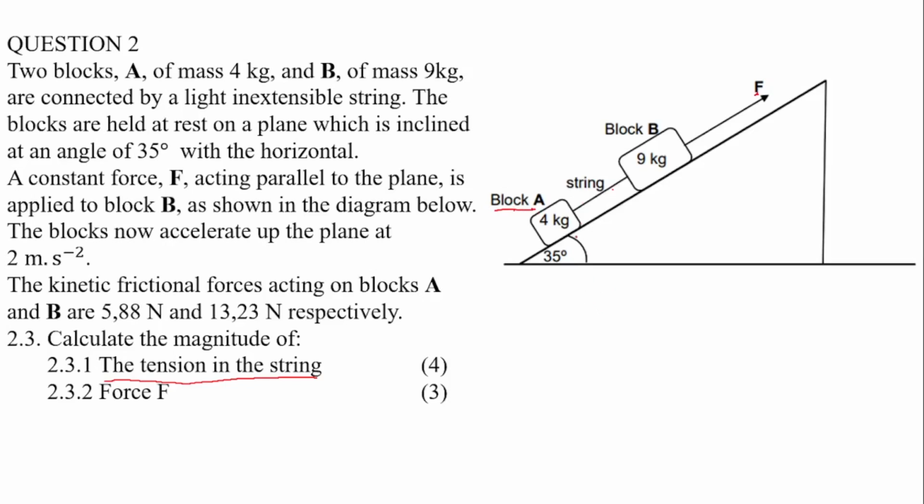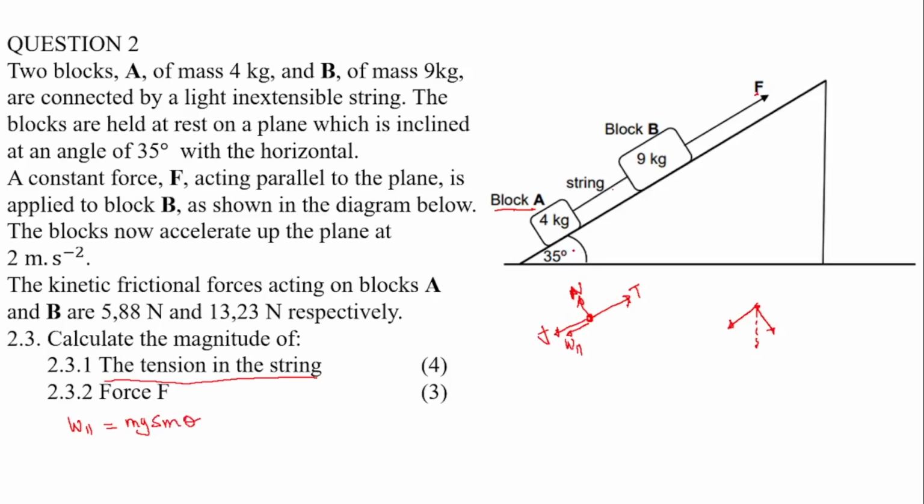We say that we have the tension, and then we have the normal force, and the frictional force. And then what else do we have? We have the weight, and the weight has 2 components. The one which is parallel to the inclined plane, and the other one which is perpendicular to the inclined plane. For the weight component parallel to the inclined plane, we say mg sine theta.